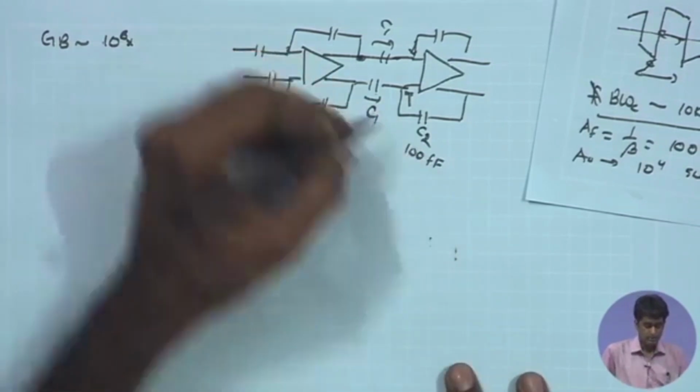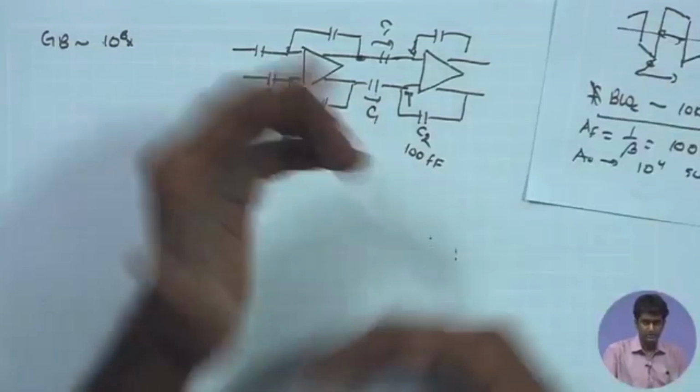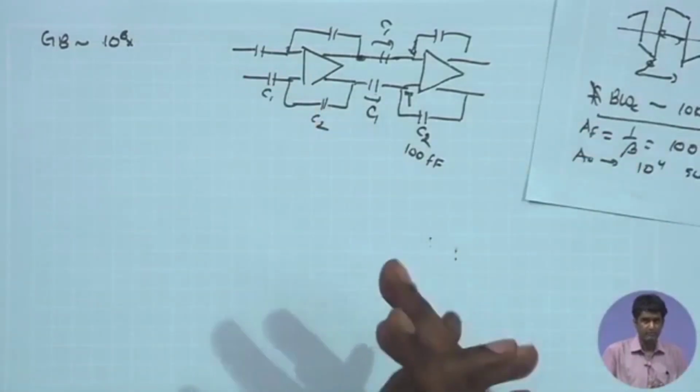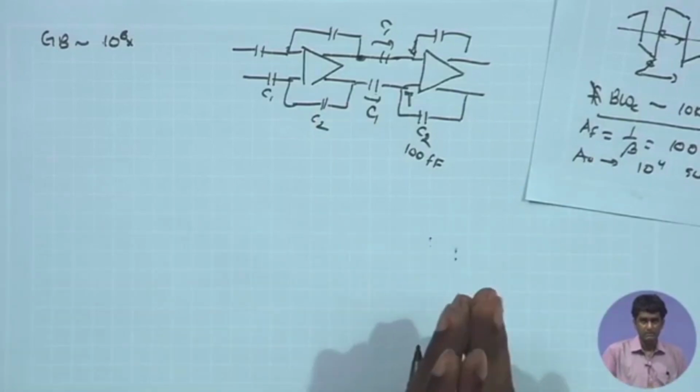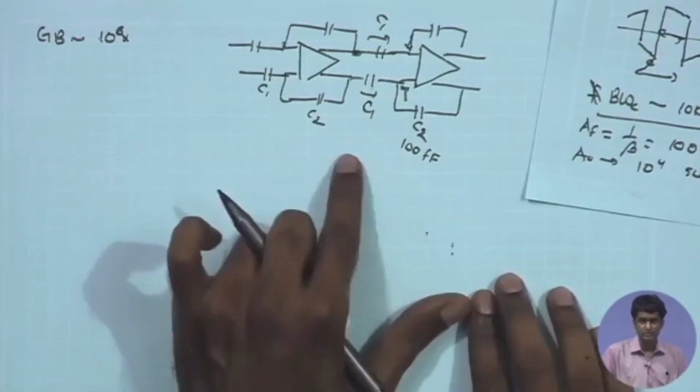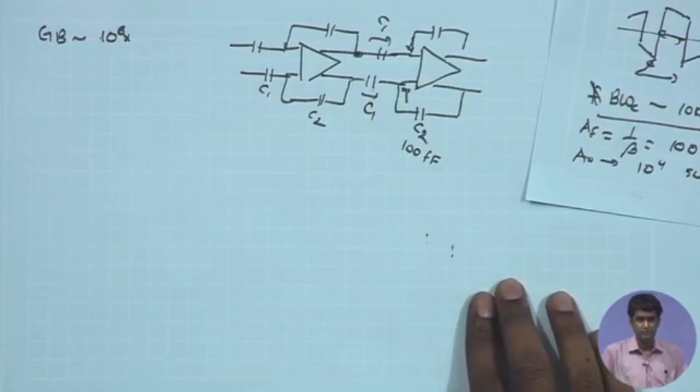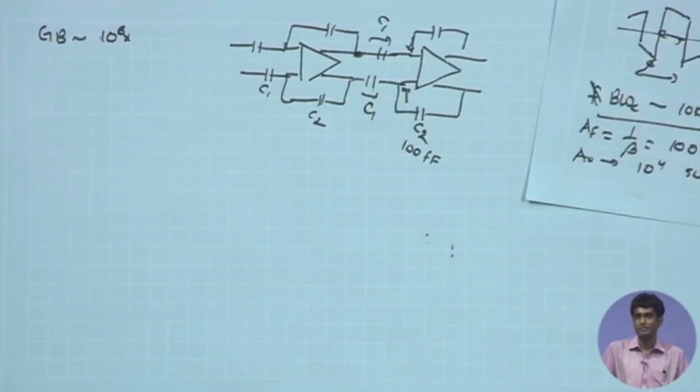And we have seen that, based on the MOSFET dimension that we have, the overall capacitance that you can get at the output node may be of the order of few tenths of a femtofarad. So I am taking around 100 femtofarad for C2, so that it is sufficiently larger than the parasitic capacitances at the output node.